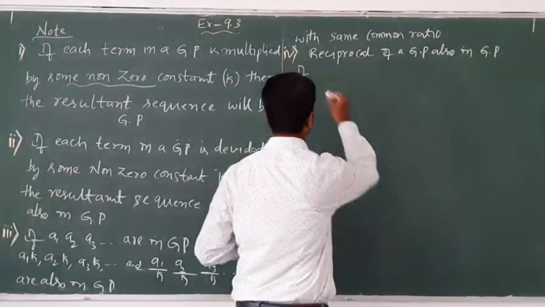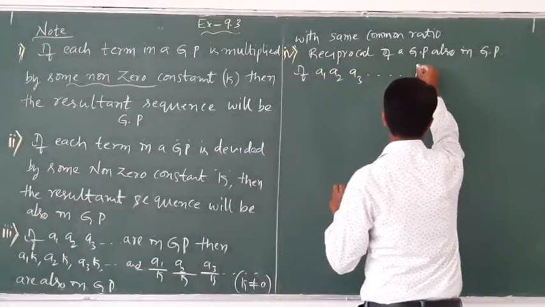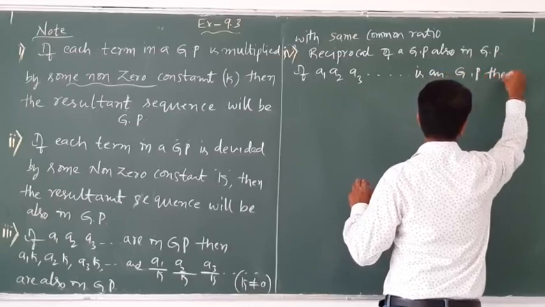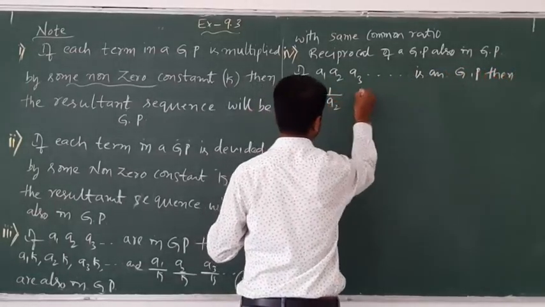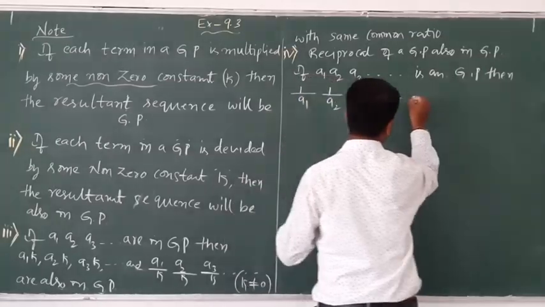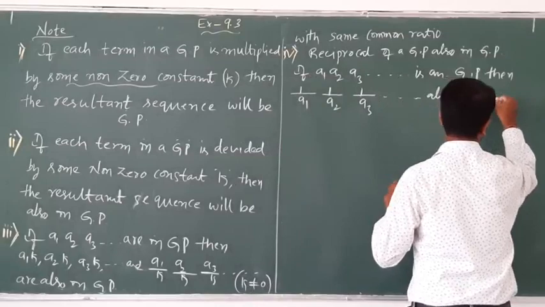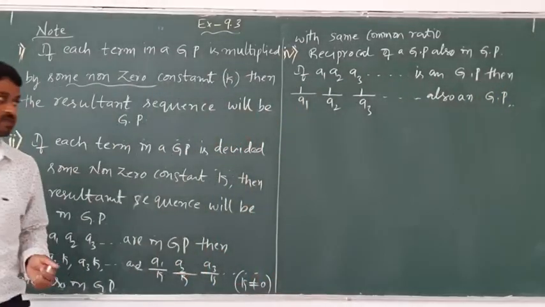Listen, if A1, A2, A3 up to so on is a GP, then 1 by A1, 1 by A2, 1 by A3 is also a GP. Okay. Next point, the fifth one.